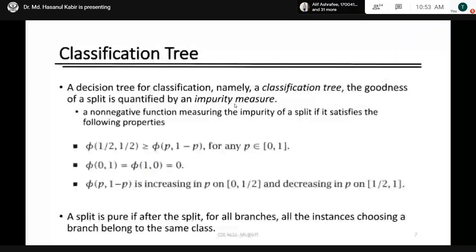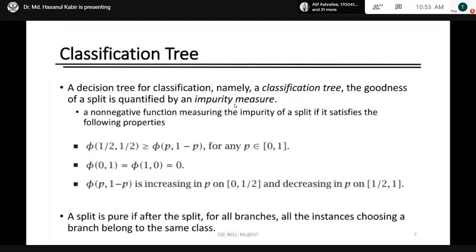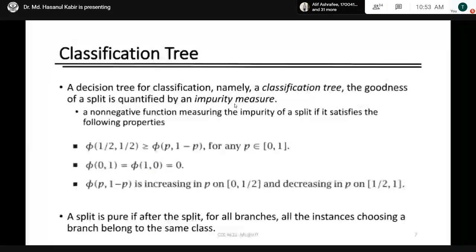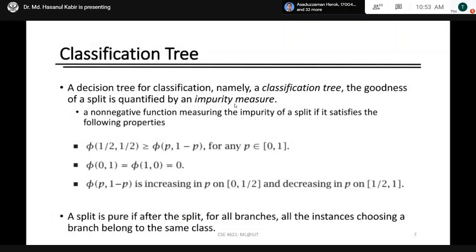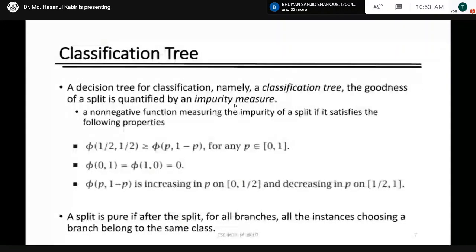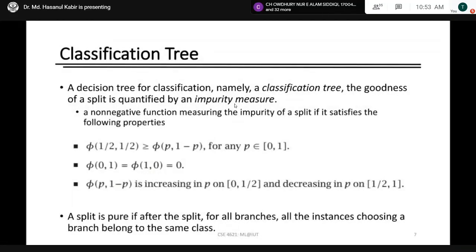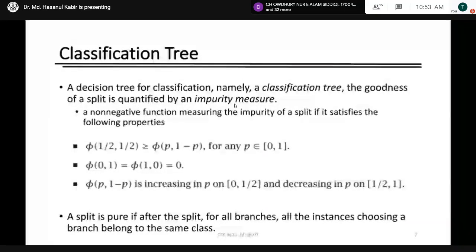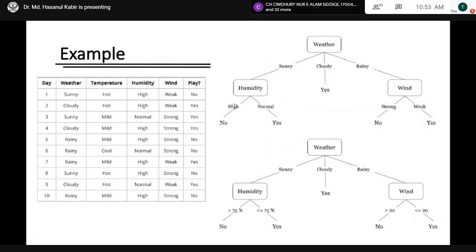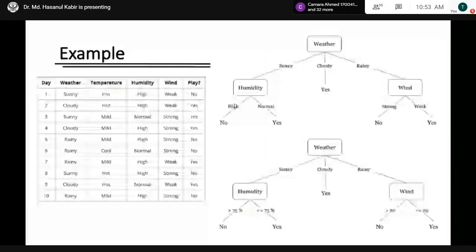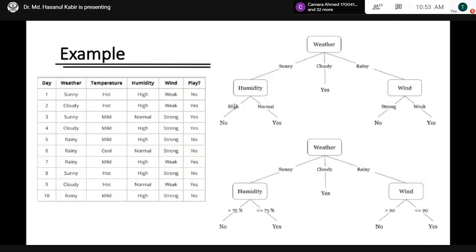Look at the second point. The entropy value is 0. Fine. And if the impurity value is 0, that means the purity is 100%, right? So that is exactly what you want, yes or no? Yes, sir. So do you see what's happening here?